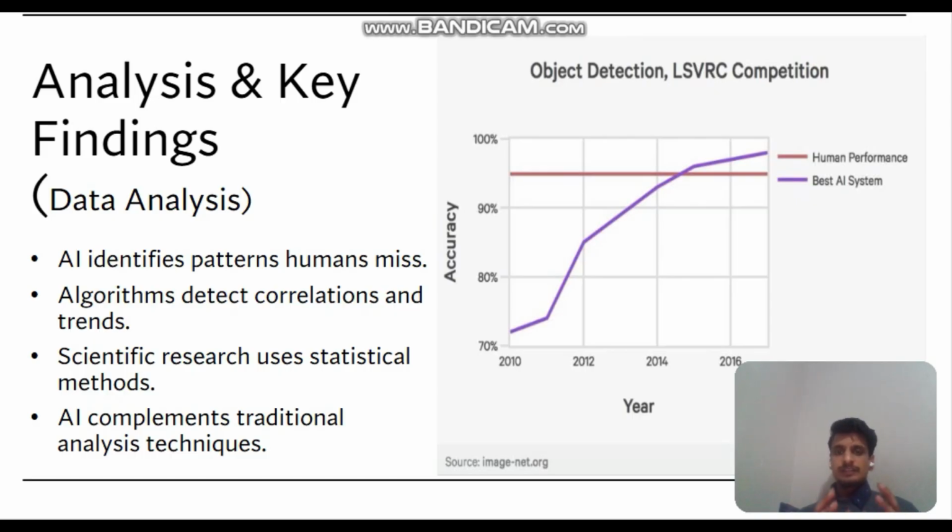That's why the AI identifies the pattern. Algorithms detect correlation and trends. Nowadays, AI algorithms can detect trends, what the trend is now, and scientists, professors, or companies use AI to detect and follow the trends. And the next one is scientific research uses statistical methods.